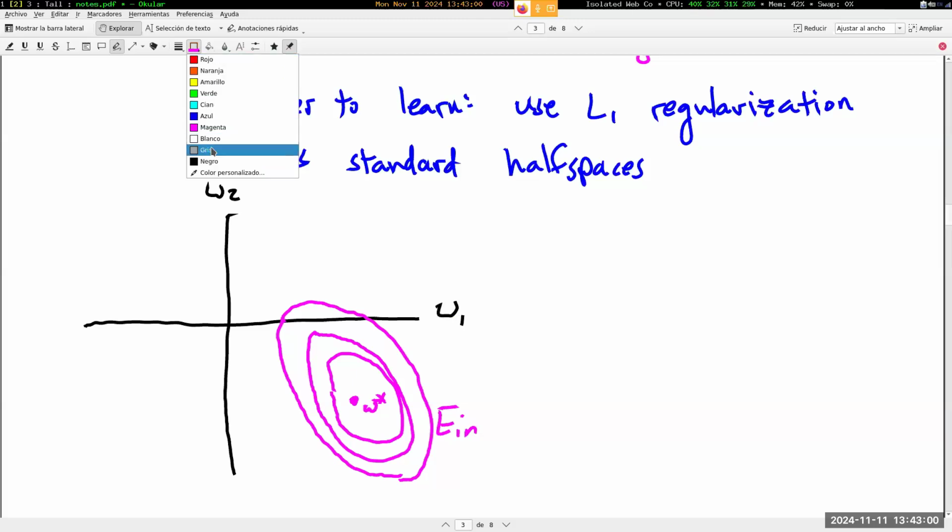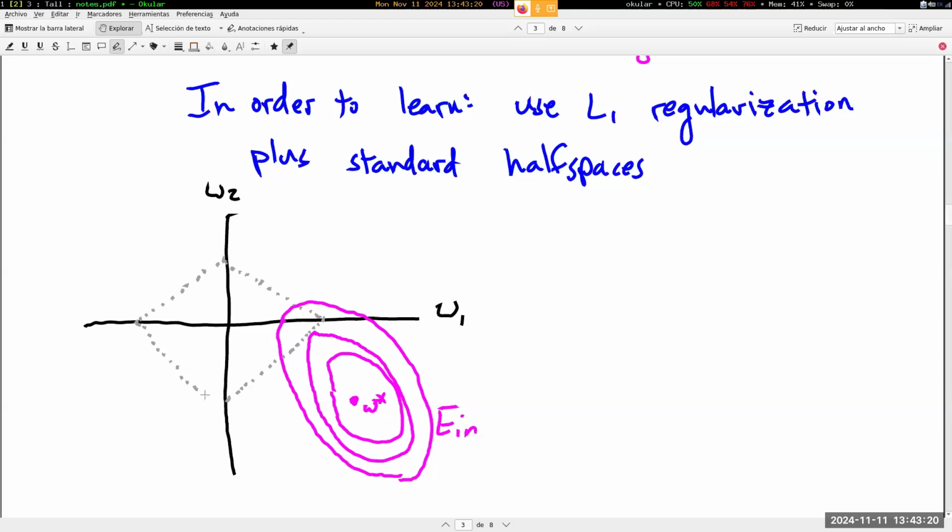And I'm going to draw two different L1 regularized subsets of this hypothesis space. The first one is way out here. So again, the L1 regularizer makes these sort of diamond shapes. It's a rotated hypercube. And we're restricted that the W parameters that we select must be inside of this hypothesis class right here, inside of this diamond.